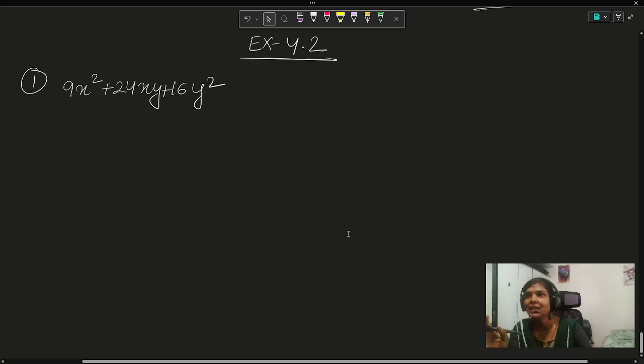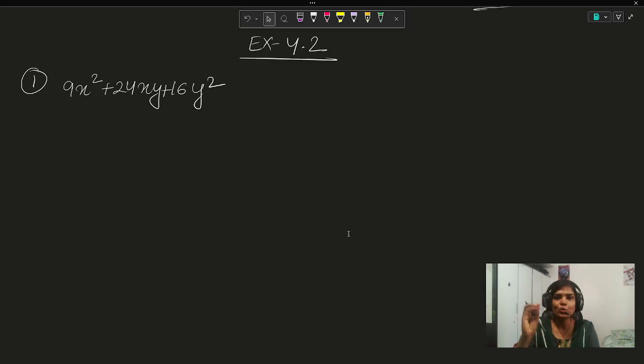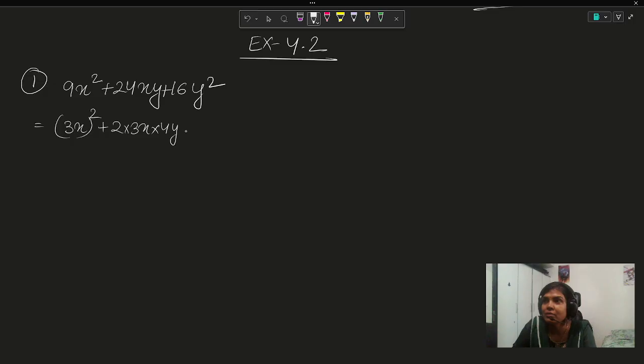This looks like the first term is a square, the last term is a square, and the middle term is an xy term with some other number. Can we convert this into 3x whole square plus 2 into 3x into 4y, 2 3s are 6, 6 4s are 24, plus 4y whole square?